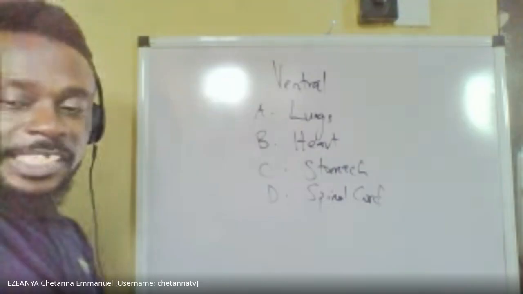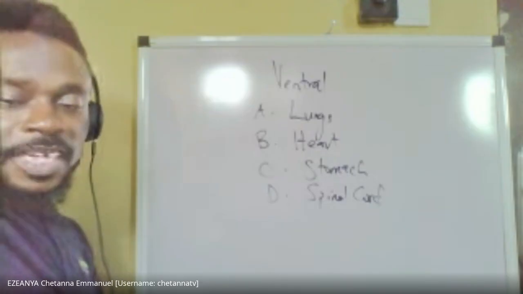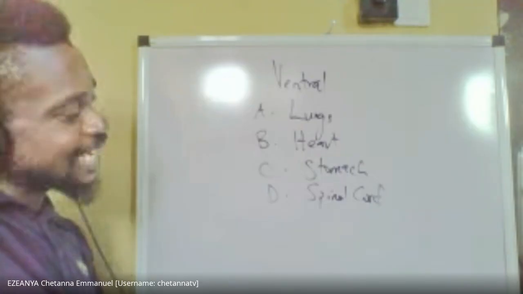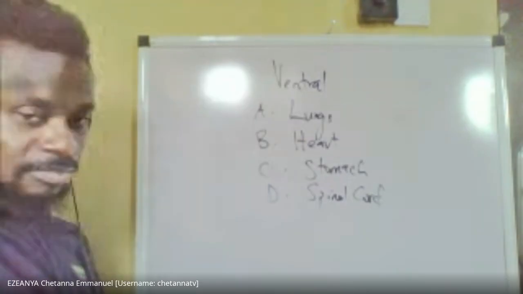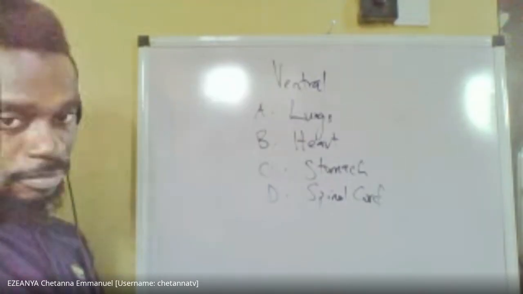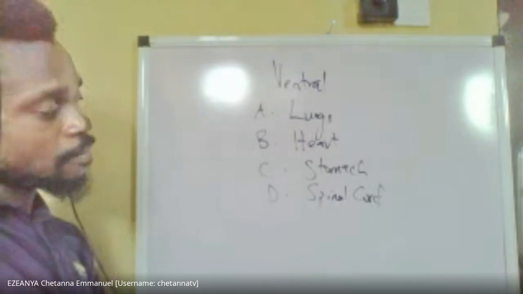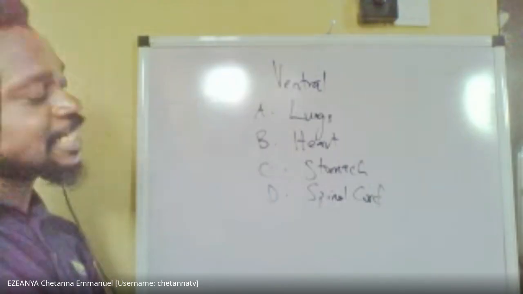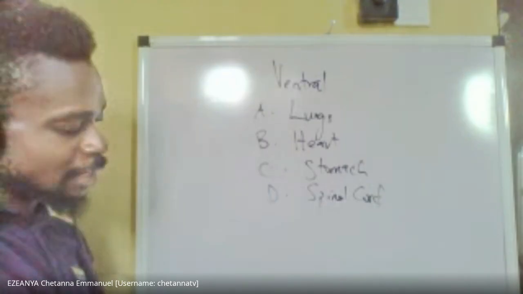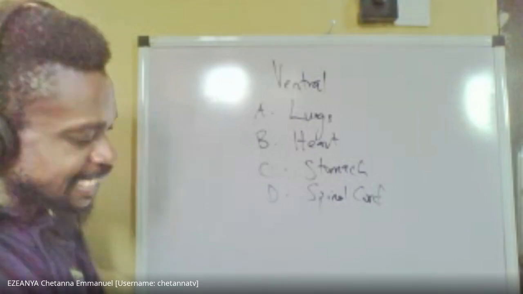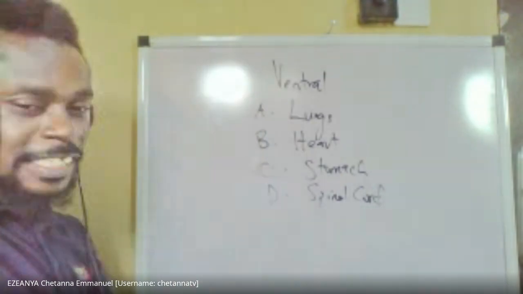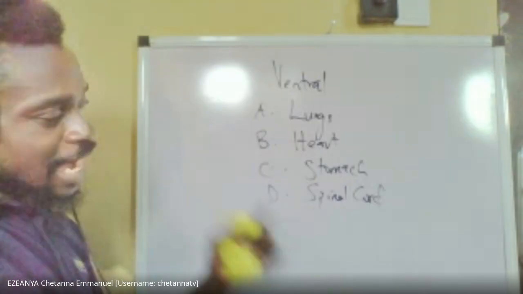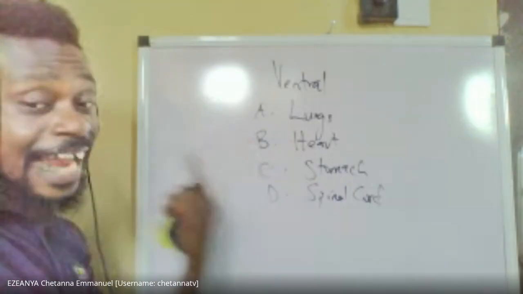So the spinal cord is actually found inside the vertebral column. Specifically, that is the vertebral canal, or spinal canal, of the vertebral column. It's located in the dorsal part of the body.